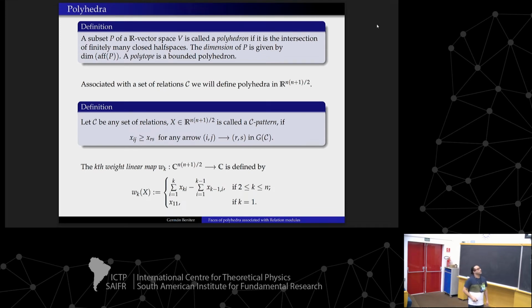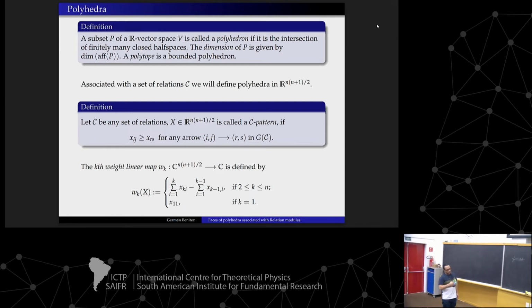To talk about polyhedra, we need to establish what a closed half space is. For us, our closed half spaces are these, for any arrow ij in the graph associated to the set of relations. Any point in the intersection of all closed half spaces is called an R-pattern. We will denote by W_k the kth weight linear map.